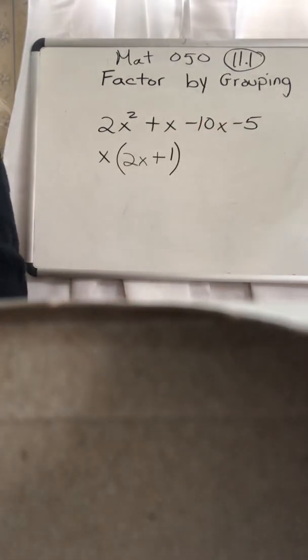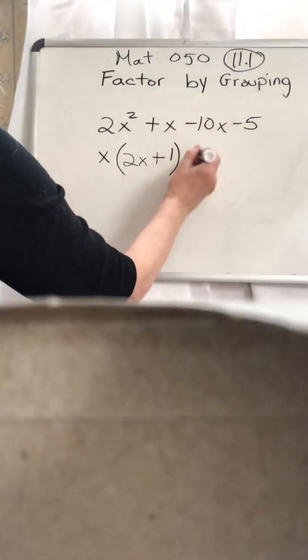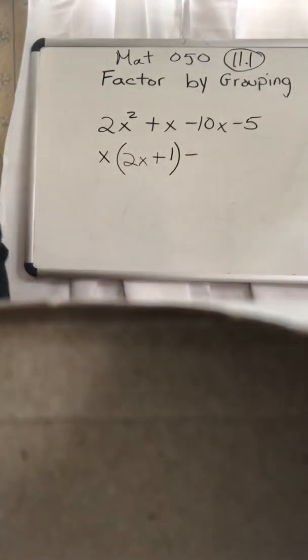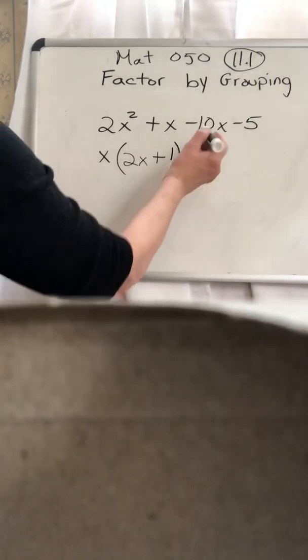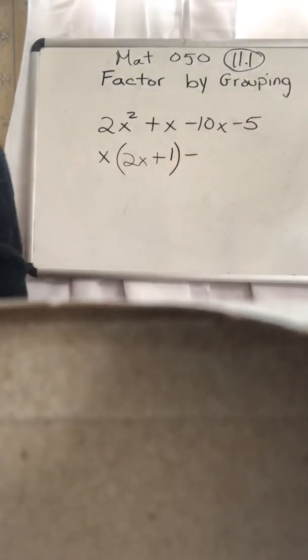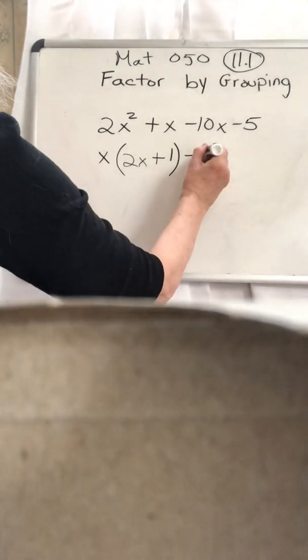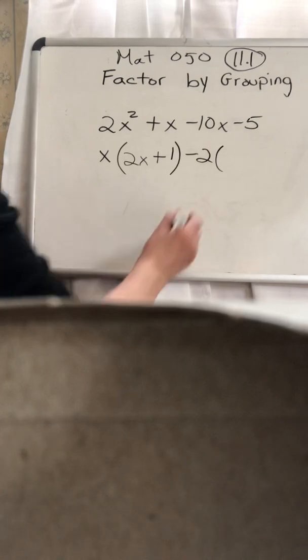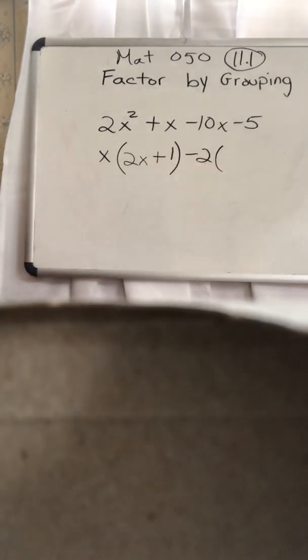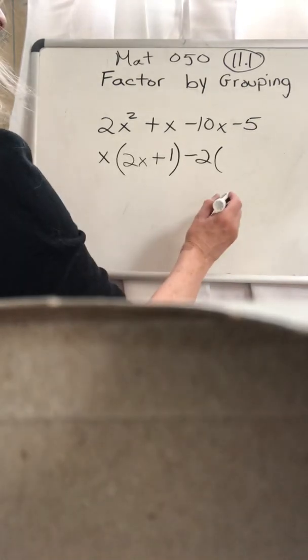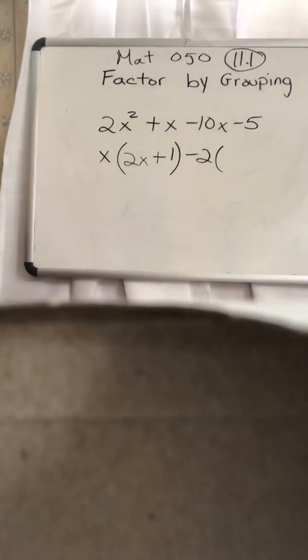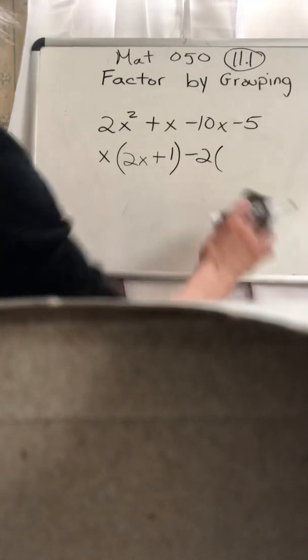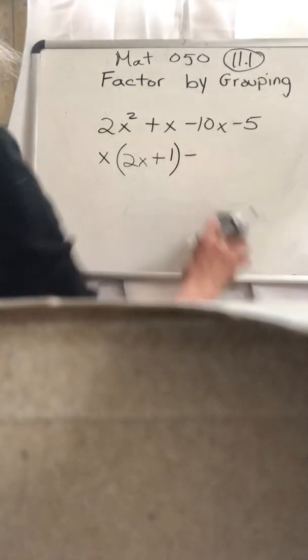Now I look at the second two terms. Because there's a negative sign in between them, we've got a negative. So a common factor of a negative 10 and a negative 5 would have to be a negative 2. A negative 2 times what would give me a negative 10x? I goofed up. That happens sometimes. I'm just going to erase. There we go.